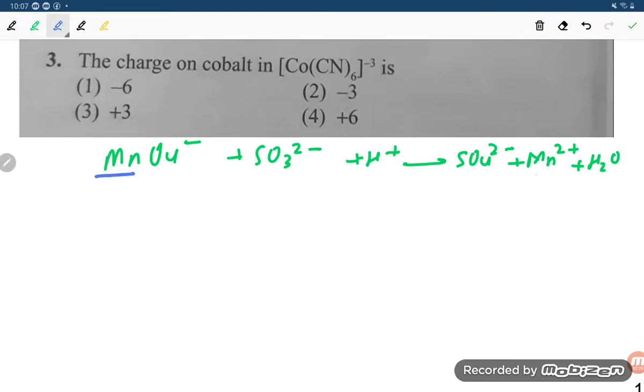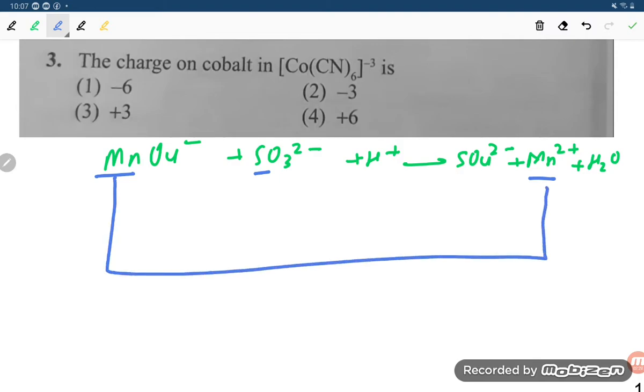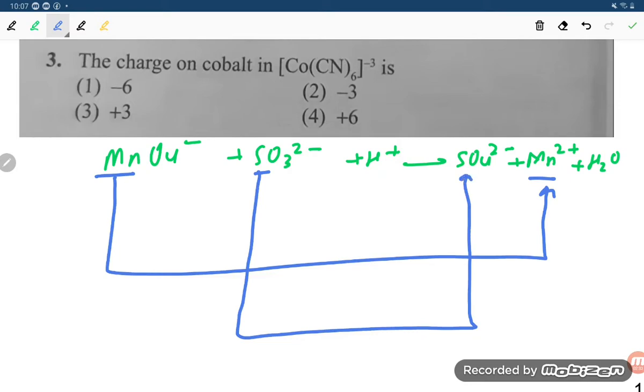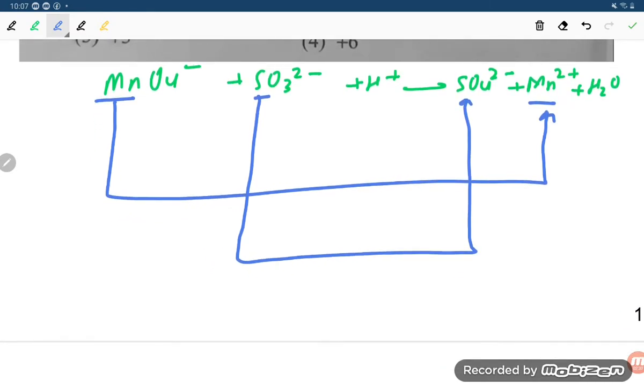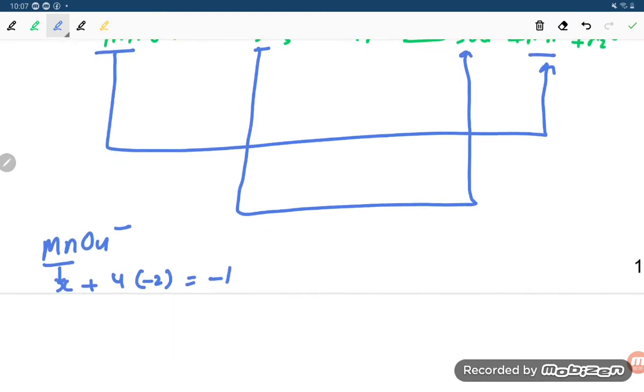So dear students, what is happening in this case? Mn goes to Mn and sulfur goes to sulfur. The oxidation numbers of hydrogen and oxygen are the same, so no need to do calculation. In MnO4 minus, we consider Mn as X. X plus 4 oxygens, each minus 2, equals the total charge of minus 1.